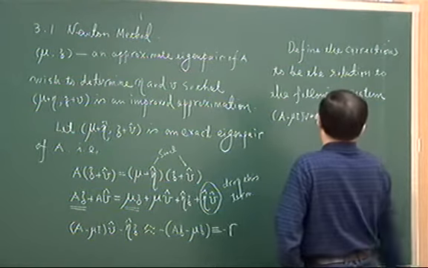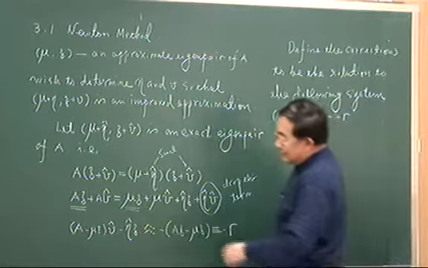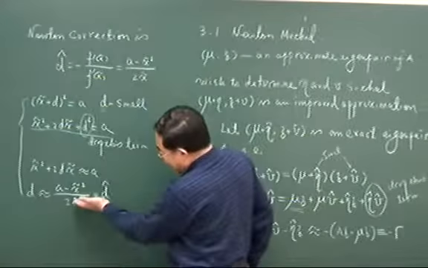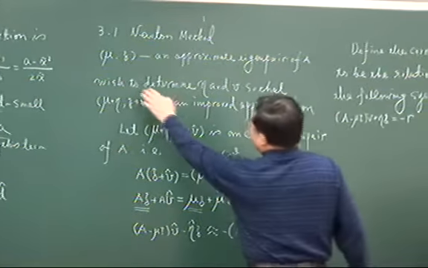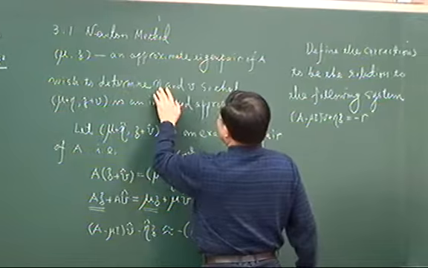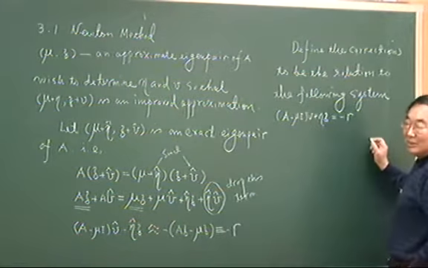This is just like this, the correction is just this one. So we want to determine delta mu and v just to satisfy this.